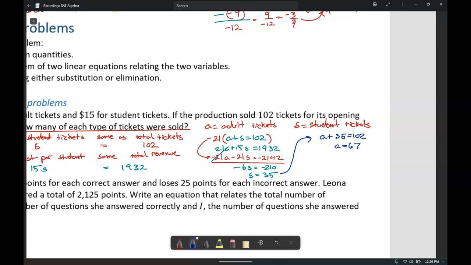So once we solve for A and S, we know that we have 67 adult tickets and 35 student tickets.